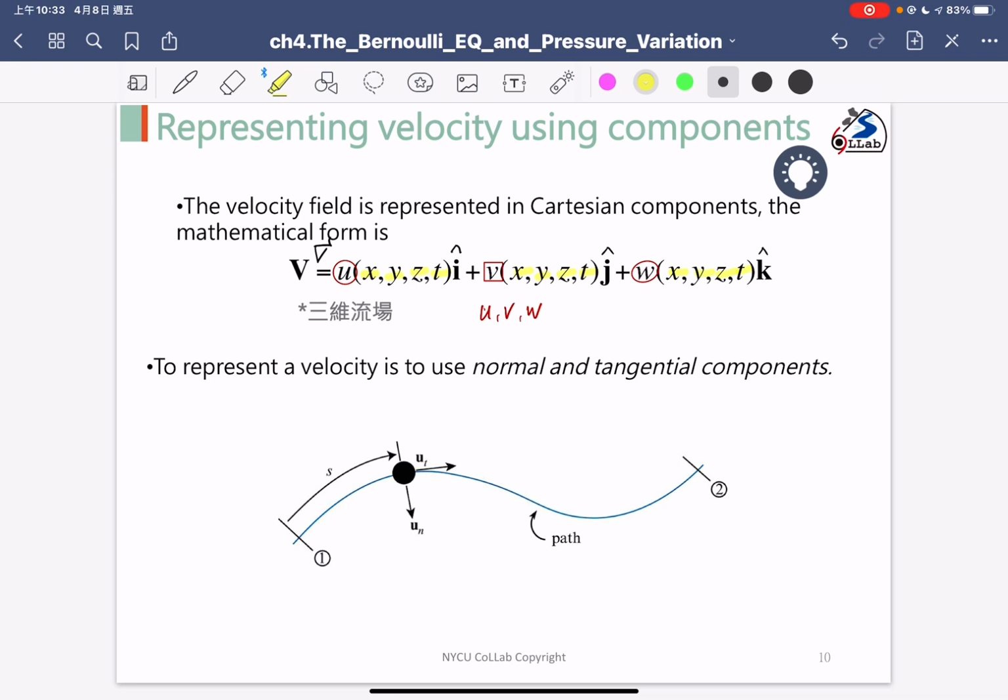Okay, and sometimes our streamline is not a straight line, it's a curved line. If it is a curved line, this is our streamline, and then we can decompose the velocity into the tangent direction and the normal direction.